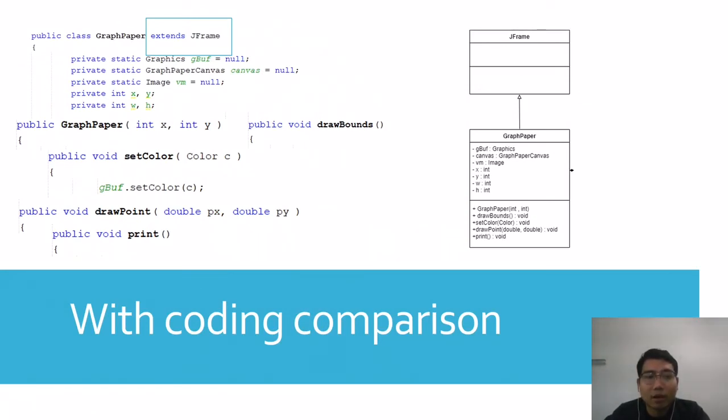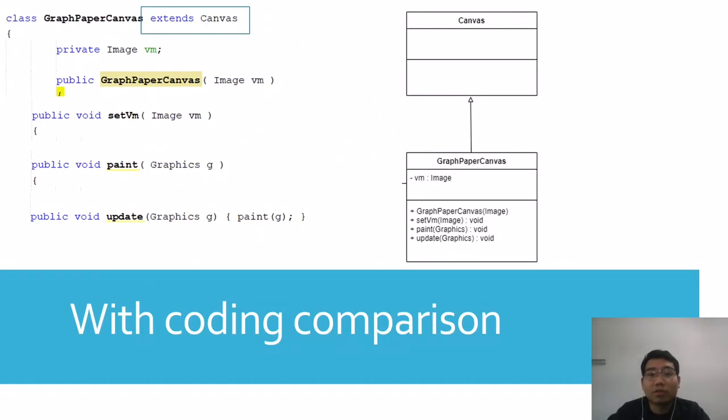So we have GraphPaper, drawBounds, setColor, drawPoint, and print. So all the attributes have been coded, and we have written them all in the UML.